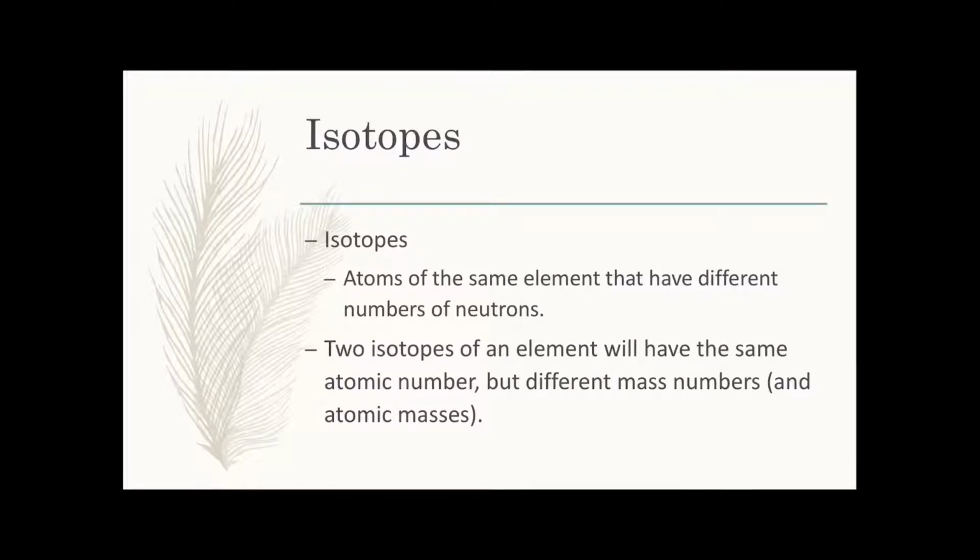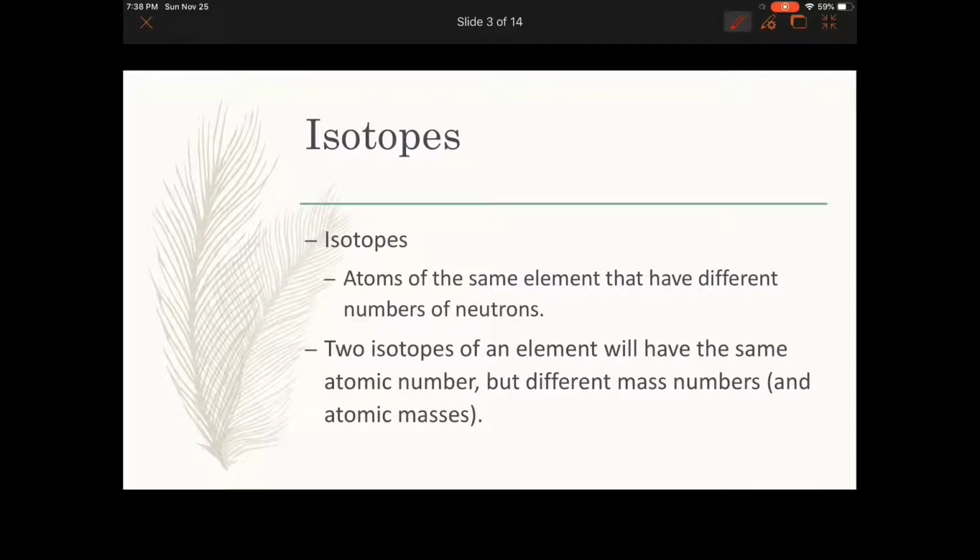Because remember, the atomic mass, I'm going to symbol it as AM, is equal to the protons and the neutrons. Because remember, we calculated how many neutrons an atom had by taking the atomic mass and subtracting the atomic number, and the atomic number was the number of protons. So if we change the number of neutrons, we're going to change the mass of the atom.